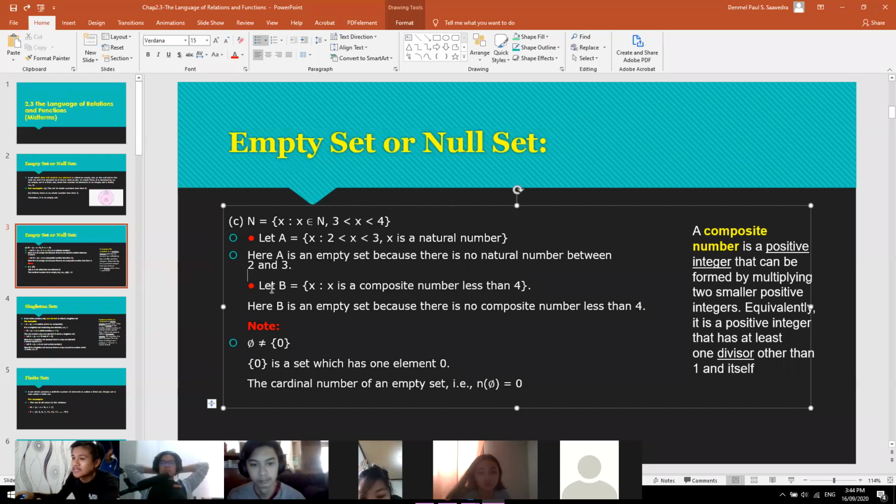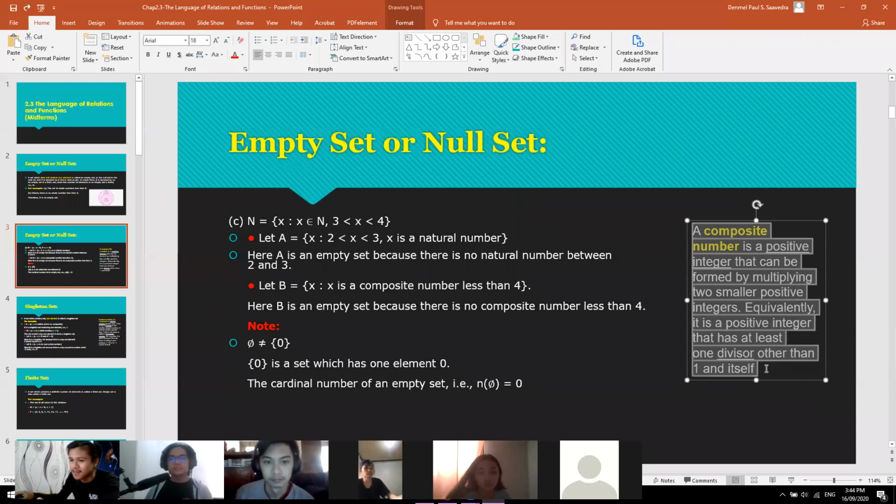So another example is let B such that X is a composite number less than 4. Okay. So kung alam niyo yung definition ng composite, good for you. Okay. Sa mga hindi nakakaalam, I have a backup here. Okay, so a composite number is a positive integer that can be formed by multiplying two smaller positive integers.